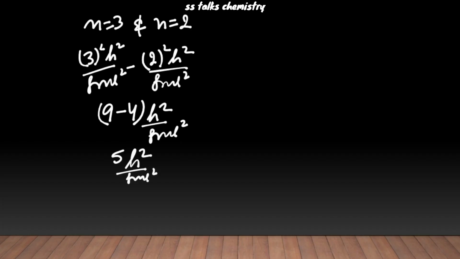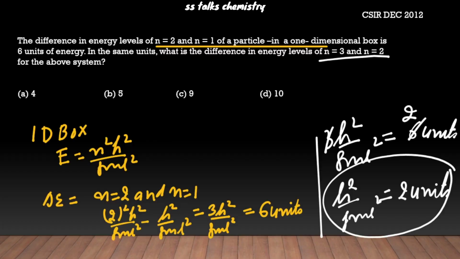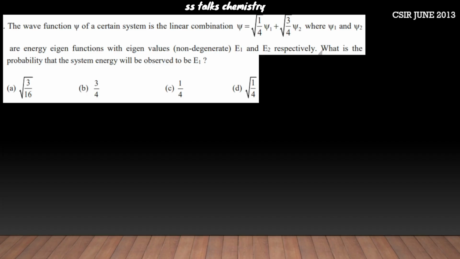This value in terms of units, we have got it, that is 2 units. So the answer comes out to be 10 units. Okay, so this is the energy difference. So 10 units, option D, becomes the right answer.